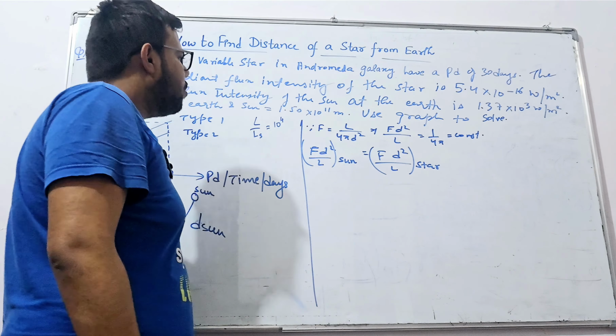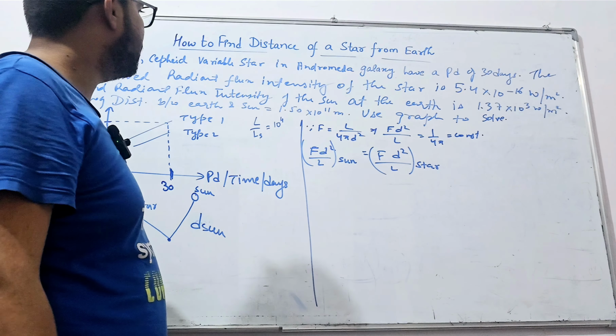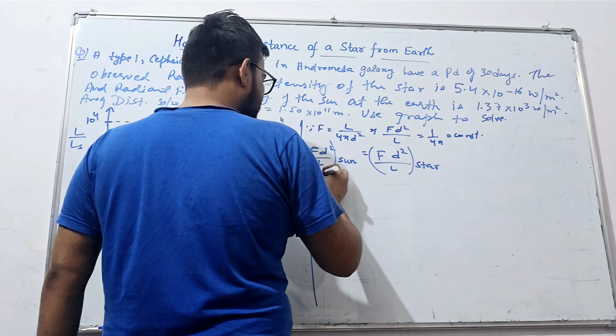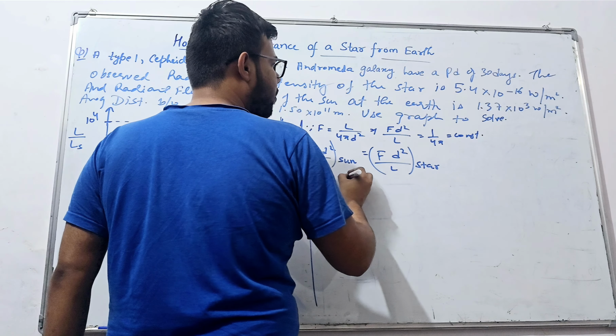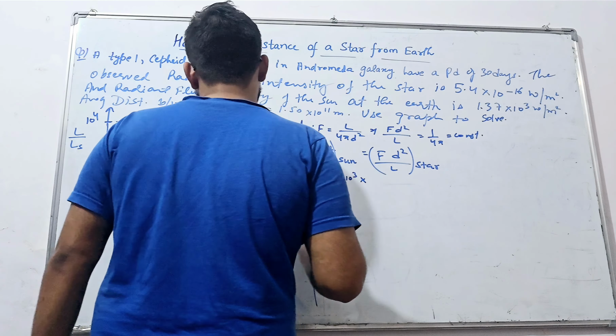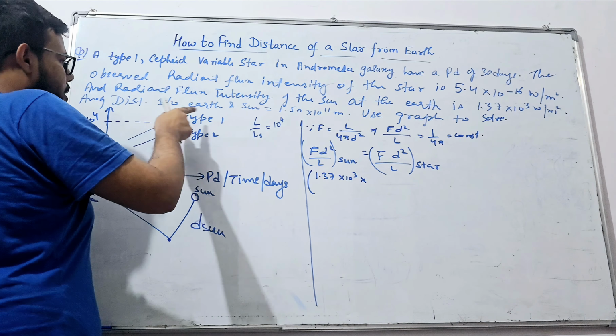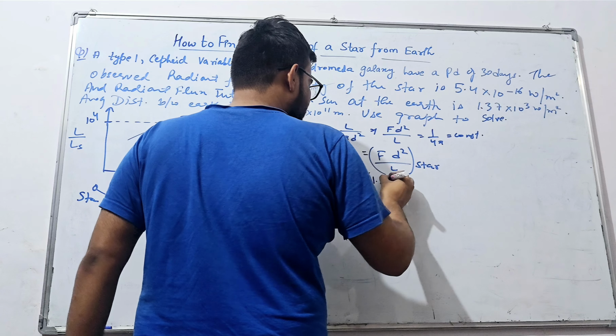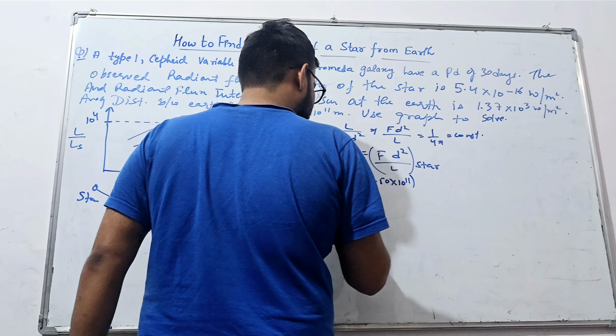So we are given the value of f for sun. What is it? It is 1.37 × 10^3, into the distance. What is the distance between sun and earth? Between sun and earth, it is 1.50 × 10^11, right?